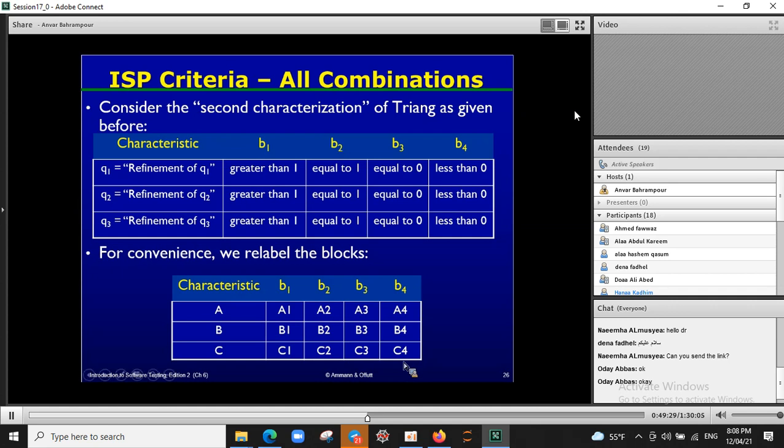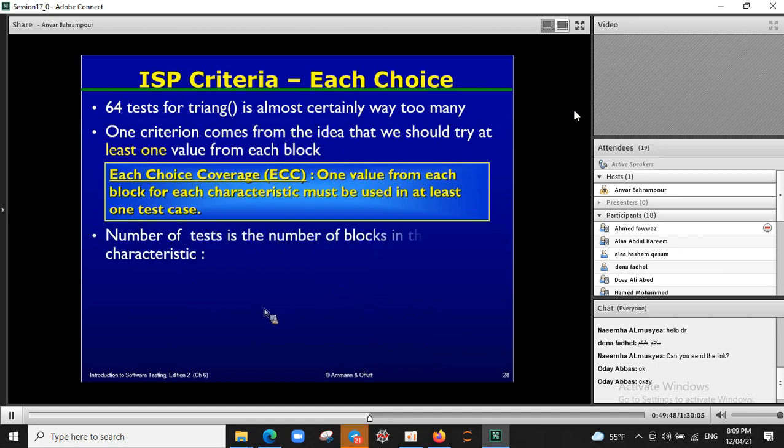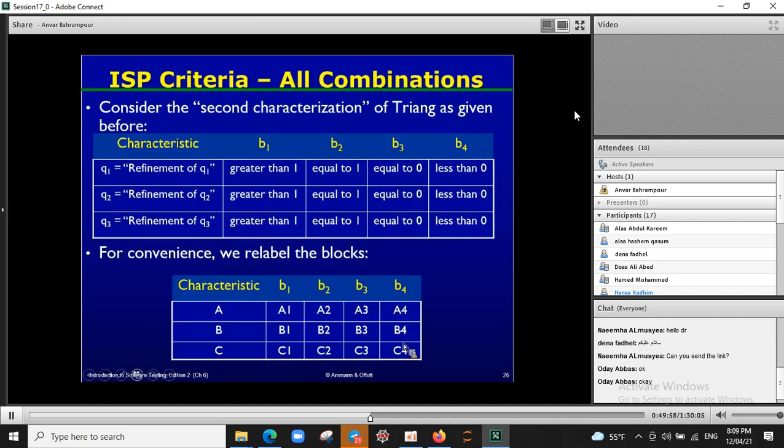It's enough to cover these choices, and so on for the third and fourth partitions. The number of tests is the number of blocks in the largest characteristic. In this example, all characteristics have the same number of blocks, so we have to test 4 combinations.